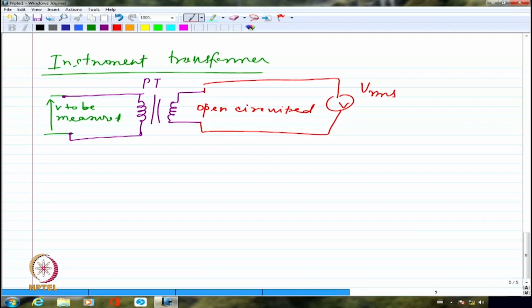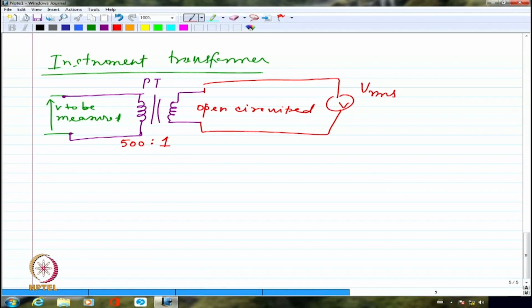So I may have this as 1000:1 or 500:1, for example, as the range. So if I am having 500 kilovolts, I would be able to step it down to 1 kilovolt, and I would be able to measure this with the help of a voltmeter. So I am essentially using the voltage ratio of a transformer so that I am able to bring the voltage down to the range where my voltmeters would work.